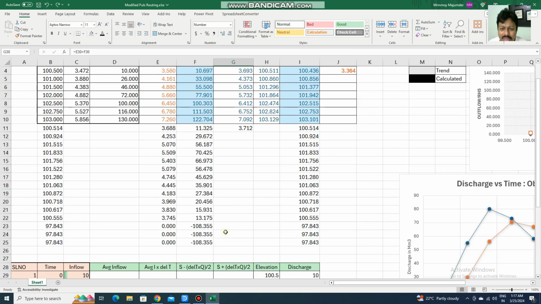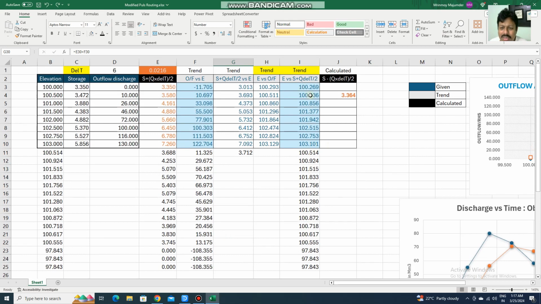Now you again see that in that earlier step, we found the elevation versus S curve, and with the help of the trend function, I can predict elevation with respect to any RHS term, S plus Q del t by 2.